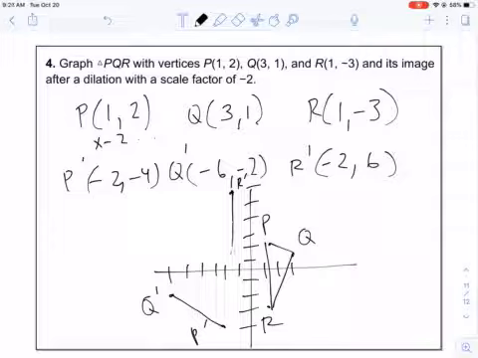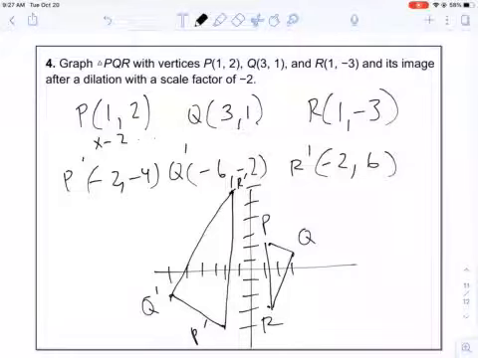So there we go, we've got our nice new picture. It looks like it got bigger and rotated 180 degrees. So that's what happens when we get that negative. It gives us that rotation.